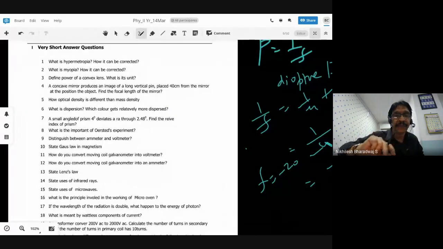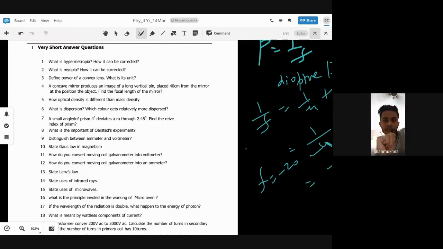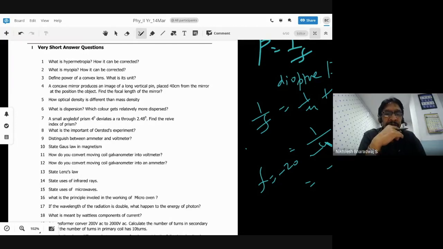Okay. What is optical density? What is mass density? Everybody knows that mass density is nothing but mass by volume. What is optical density? It is the ratio of the velocity of light in the refracting medium to the velocity of light in the incident medium.